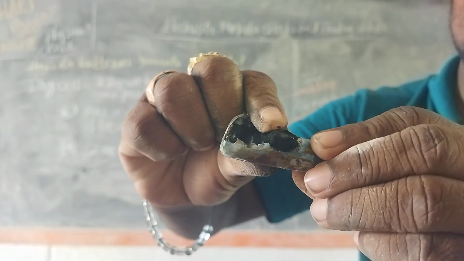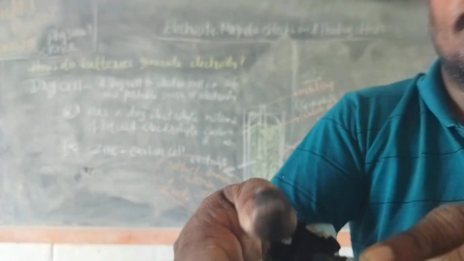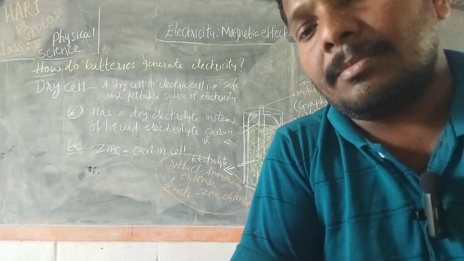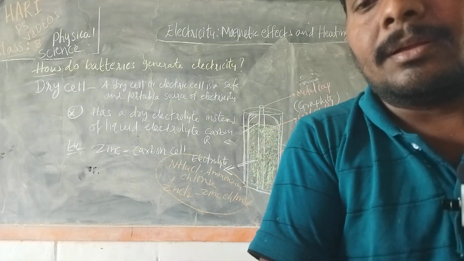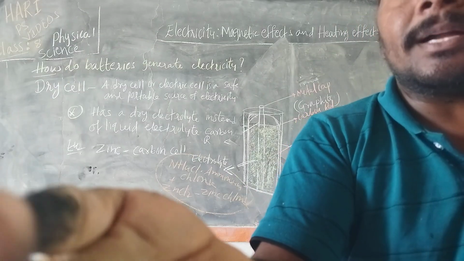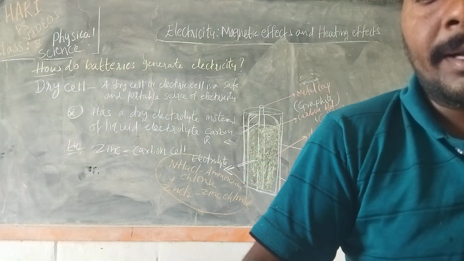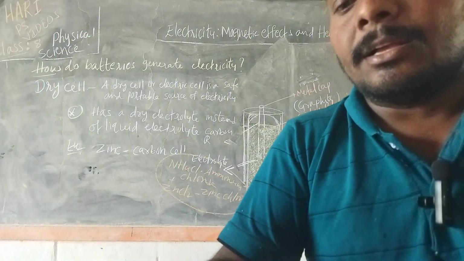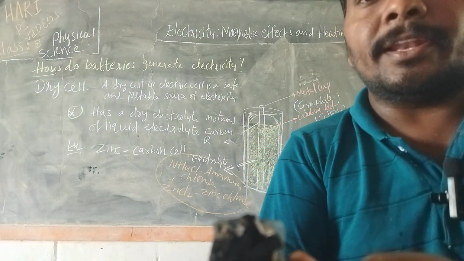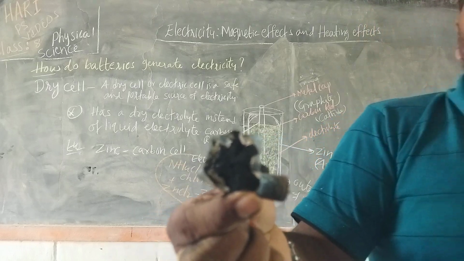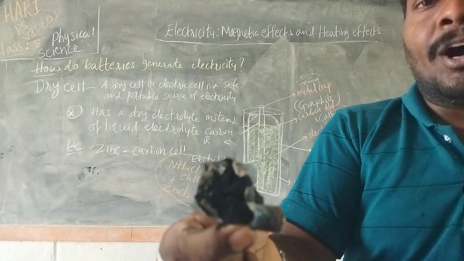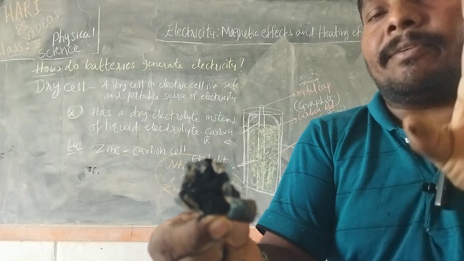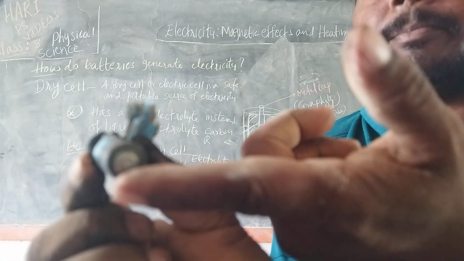Whenever we remove all these, you can also see the carbon rod present here. So you also check any discharged battery, break it down carefully and observe that a carbon rod or graphite rod is present, and you see the metal cap.